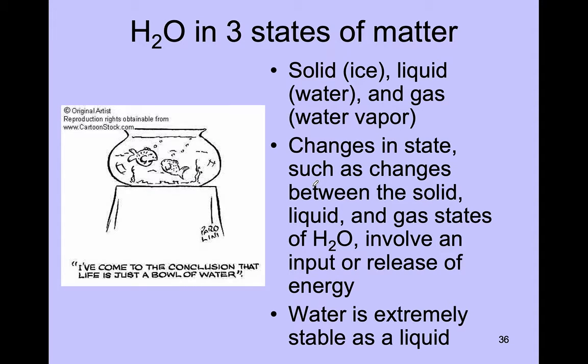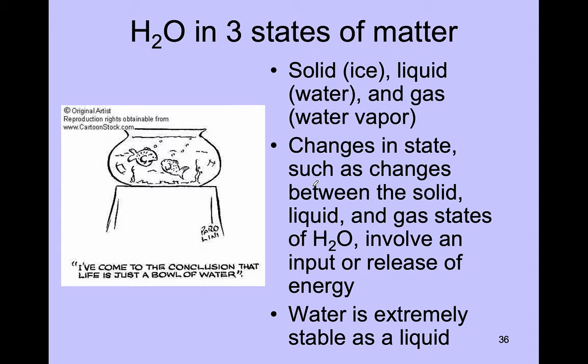Now, water itself occurs in 3 different states. It can occur as a solid, it can occur as a liquid, and of course as a gas. It changes in state. It can change from a solid to a liquid to a gas. I'm sure everyone is pretty aware of that. But this change from one state to another is going to involve some kind of input or release of energy.